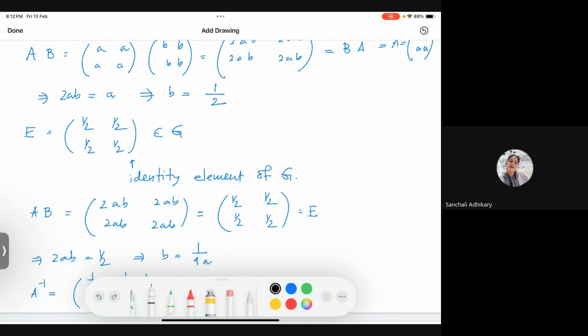So the identity element of G is the matrix with all entries half.